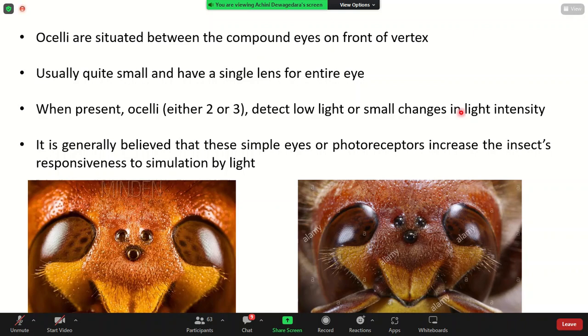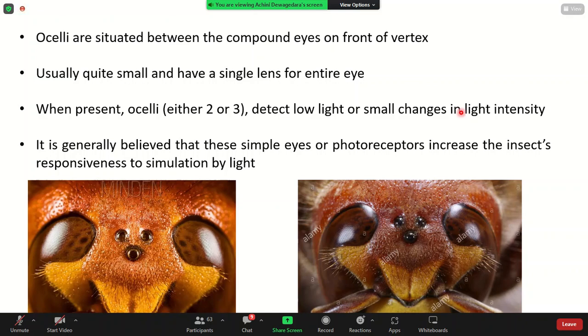Okay, so as I told you earlier, they don't get a clear image. Using the simple eyes, they get an idea about the environment, the light condition in the environment. And as you saw in the video, there are different suggestions made by scientists about the exact function of these ocelli. They think that they get an idea about their level in the environment, the sky, compared to the sun, where they are going compared to the sun, likewise.